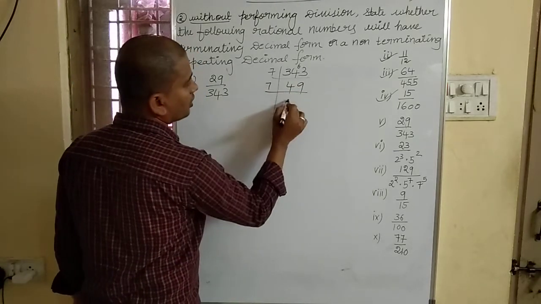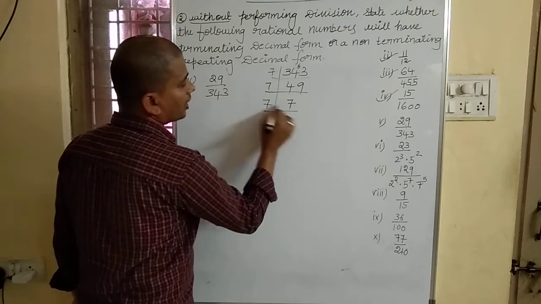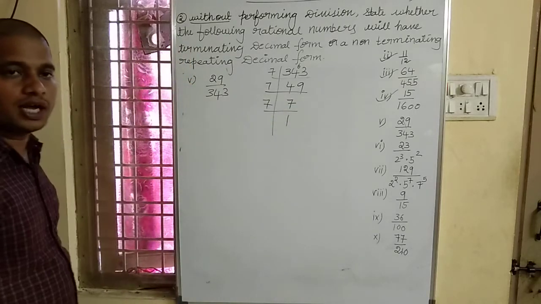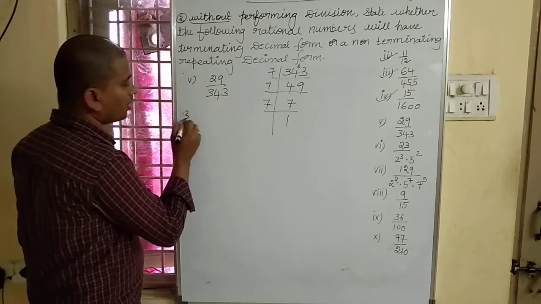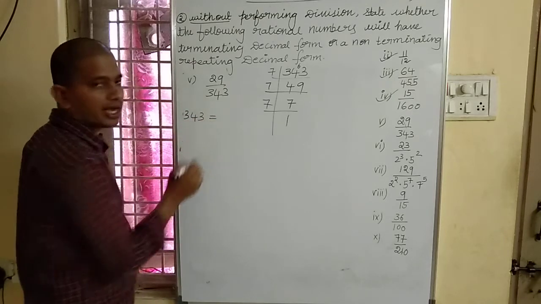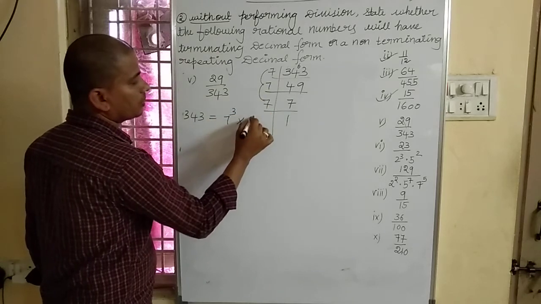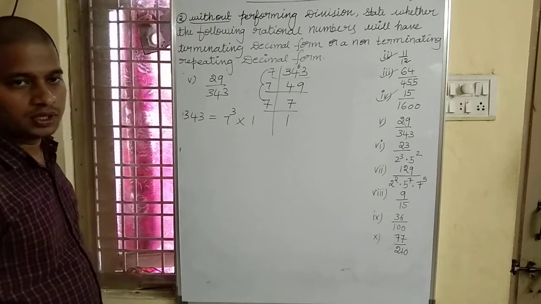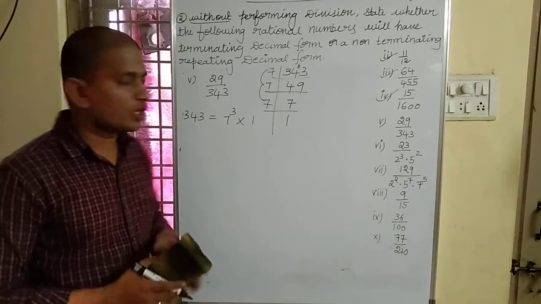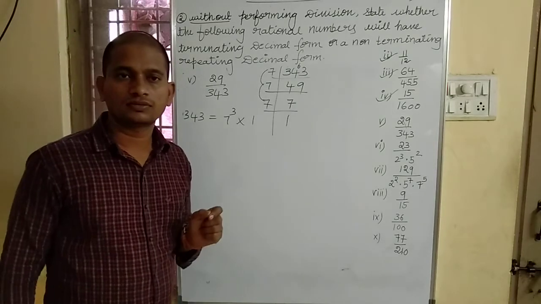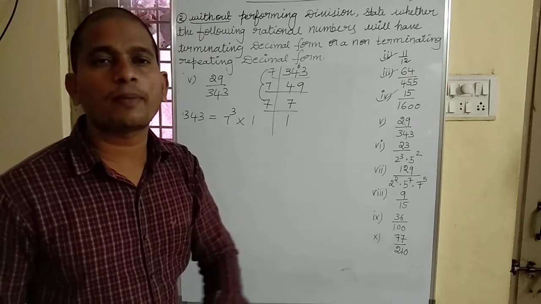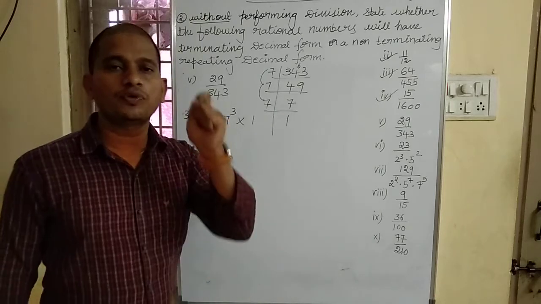Again the 7 table. 7 7s are 49. Again the 7 table. 7 1s are 7. Because 7 is repeating 3 times, I can write 7 cube into 1. So other than 2 and 5, we got another factor 7, which is not in the form of 2 power n into 5 power m.